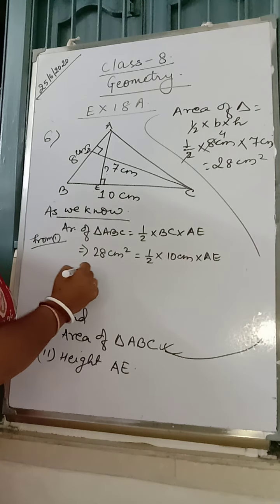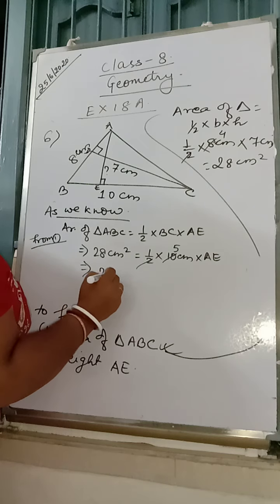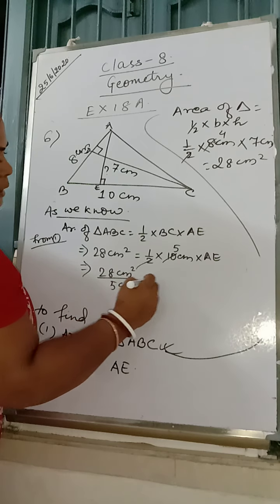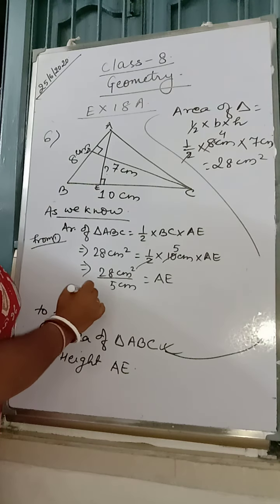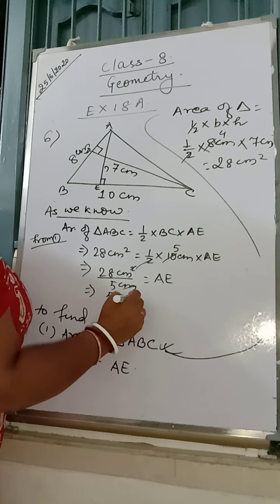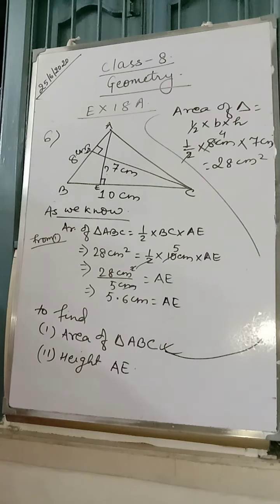2 5s are 10, or 28 centimeter square by 5 centimeter is equal to AE I got, or it gives you 5 5s are 25, 5 6 are 30, 5.6 centimeter is equal to AE.